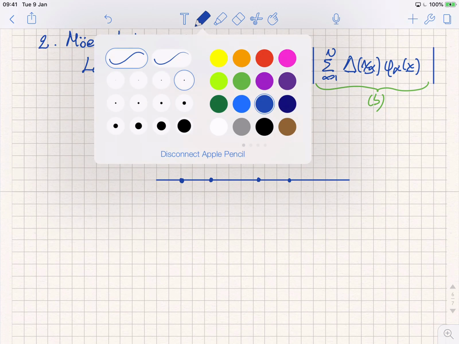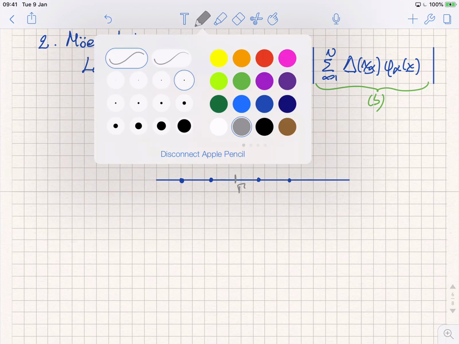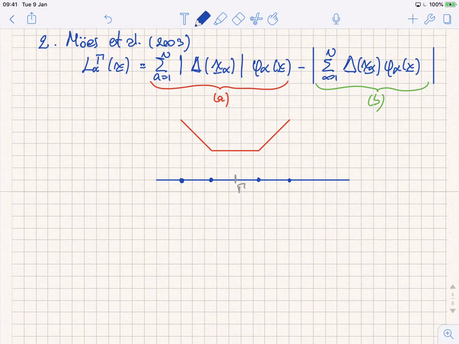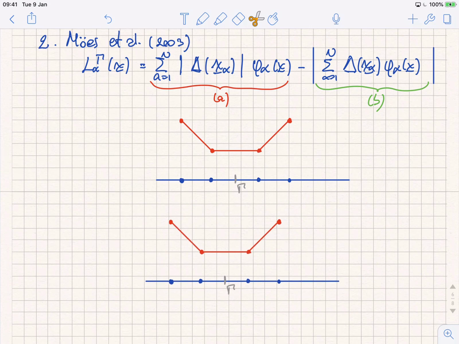Now I want to basically say that this guy here is my discontinuity, this is gamma. Okay? And these are just different values that I obtain. This is that function that you see here. So you see I'm taking the absolute value of the distance to that node, and I'm using the partition of unity to interpolate within. So that is the first term. It looks like that. Now if I take a look at the second term, so let me just copy this.